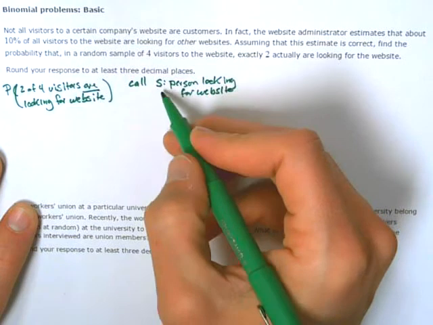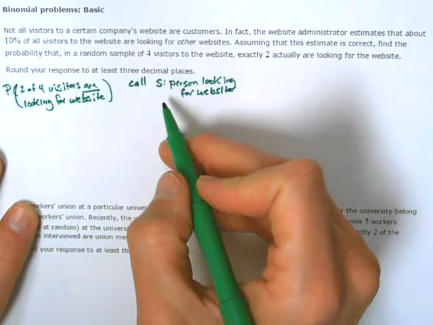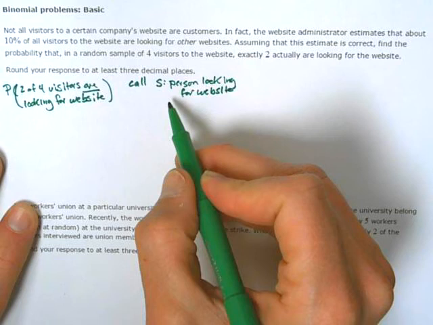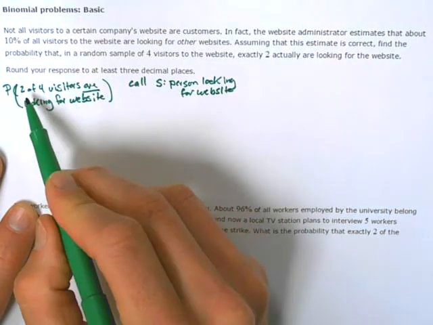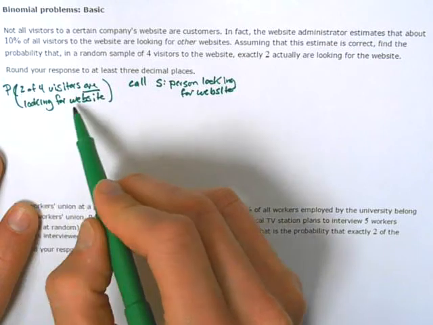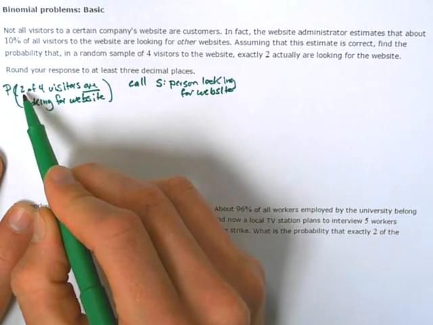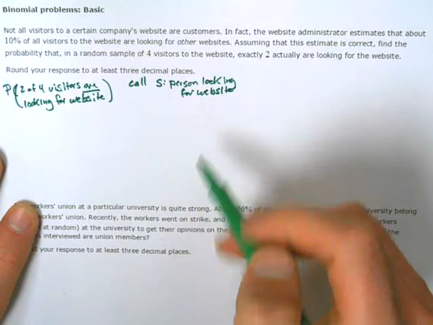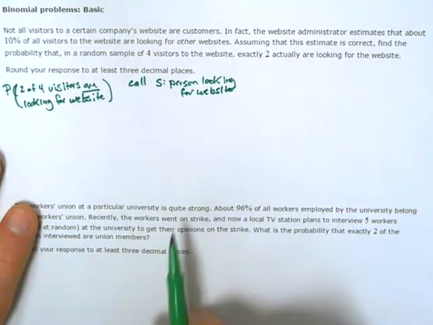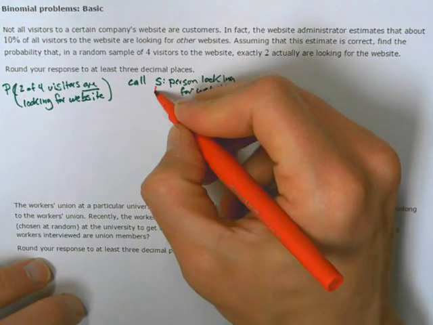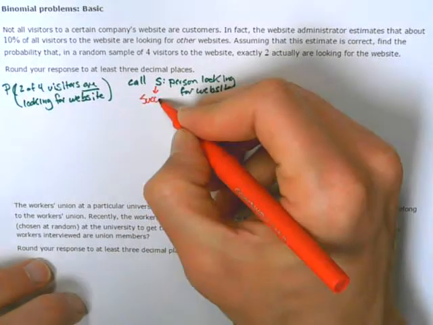I would call that outcome, if we pick one of those 4 visitors and that person is looking for the website, a success, because that's what we're trying to find the probability of, like 2 of the people looking for the website. So we're looking for 2 successes, defined as a person looking for a website. So S is really for a success.